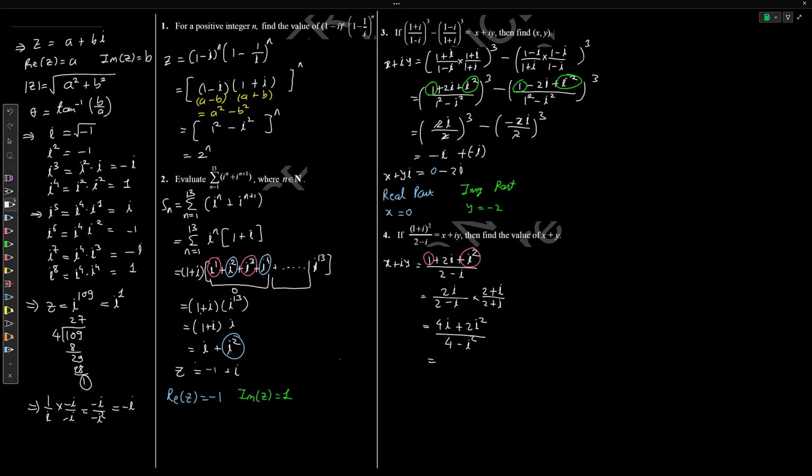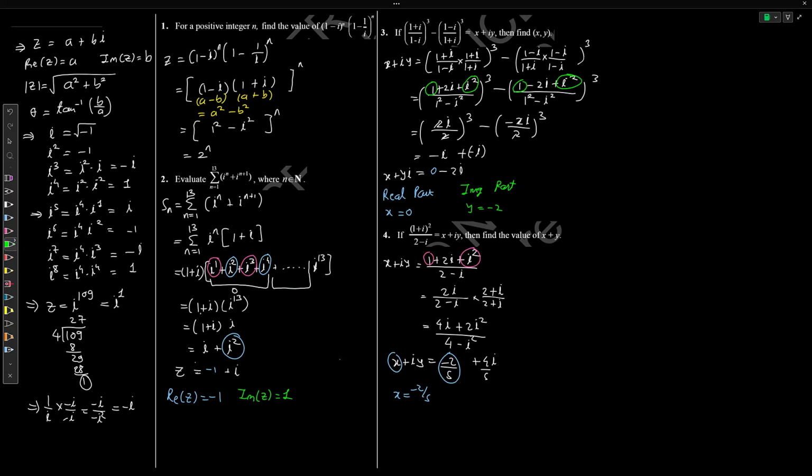What is 2i square? Minus 2. And 4i will be as it is. And in denominator we have 4 plus 1, or we can say 5. So we get x plus iy is equal to minus 2 by 5 plus 4i by 5. Now, to get the value of x, compare real part, which gives x equal to minus 2 by 5.